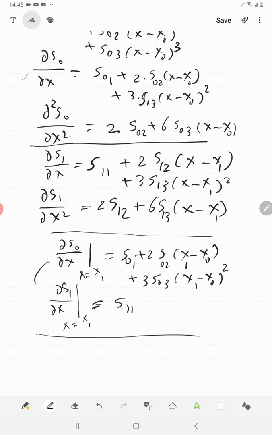These are equal, so we get one equation from the first derivative.